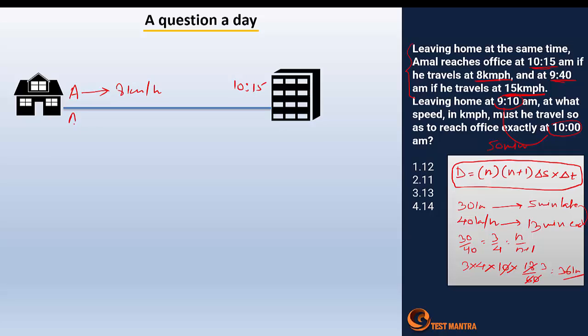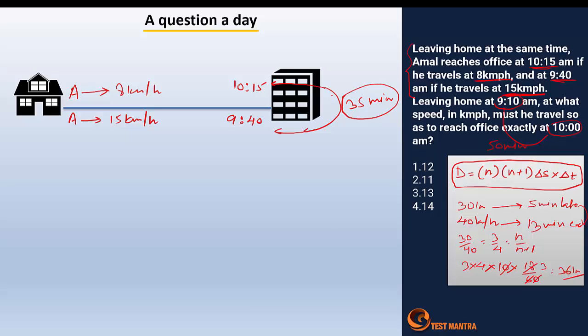But when the same person A moves with the speed of 15 kilometers per hour, he reaches the destination at 9:40. So let's try to identify the gap between these two numbers. The gap is nothing but 35 minutes in this case.